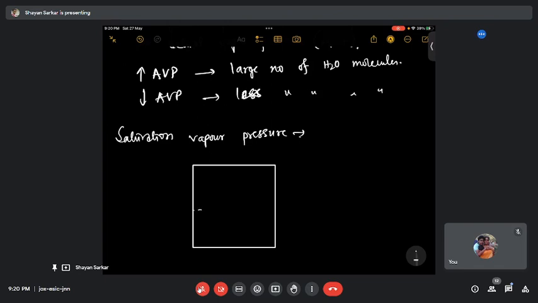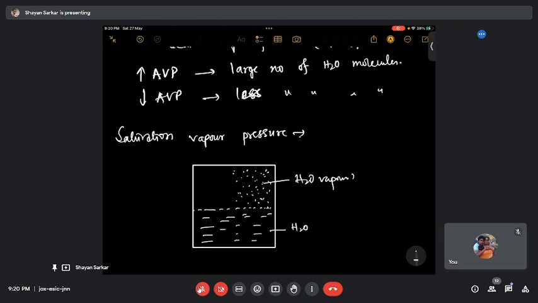Okay, it contains only few water vapor. So at this condition, it requires some more amount of water vapor to gain saturation.